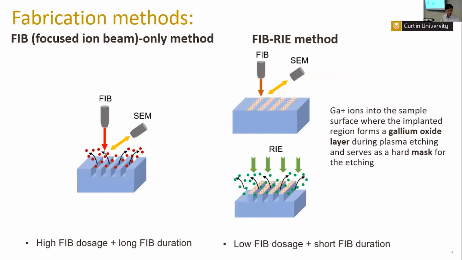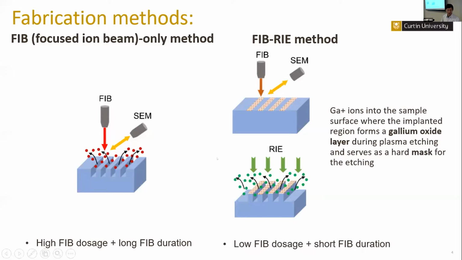For our project, we have investigated mainly two different types of fabrication process based on focused ion beam, which is FIB. The first one is the FIB-only method, which uses a high dose FIB to directly sputter away the material to form the pattern on top of the substrate.